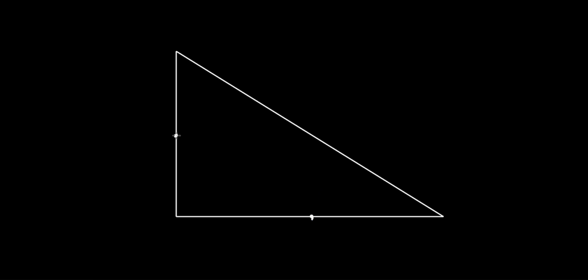All right, so it might look something like this. It's going to be a triangle. The fact that this looks like a right triangle really doesn't matter. I just drew it that way, okay?